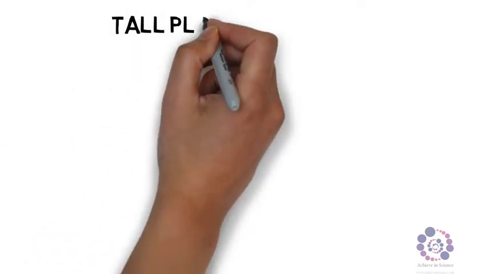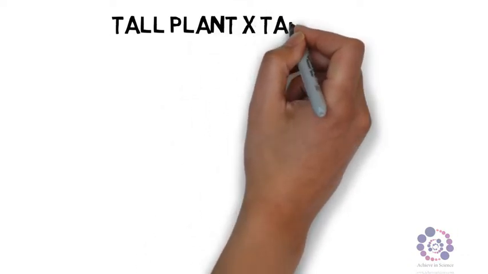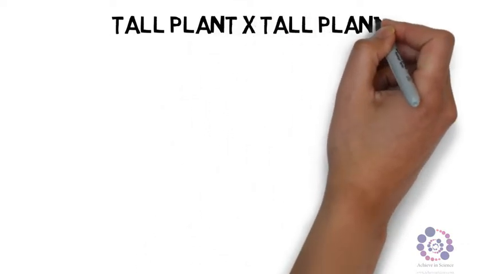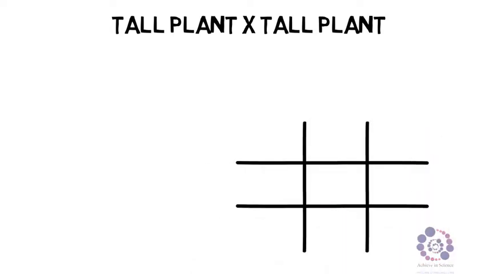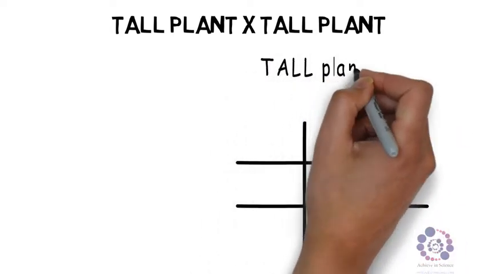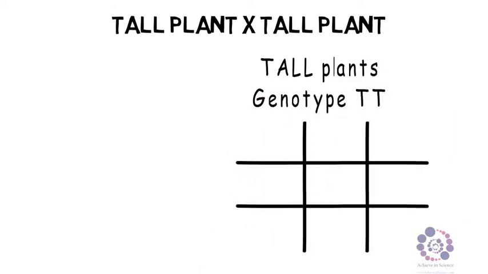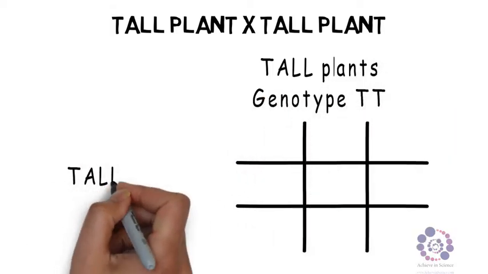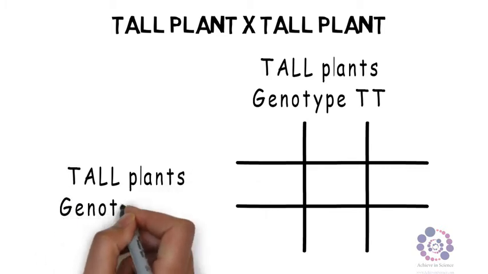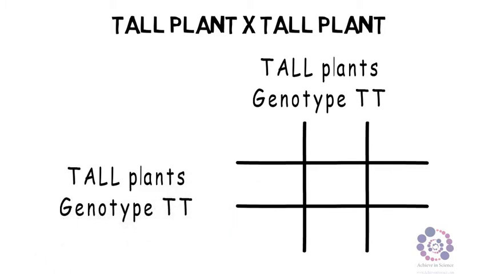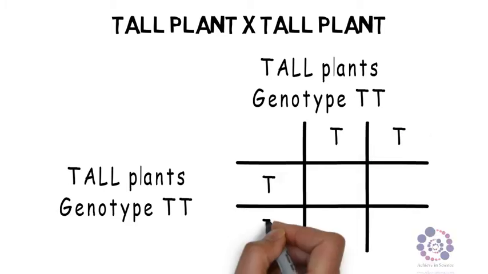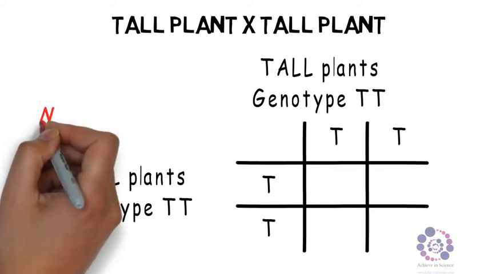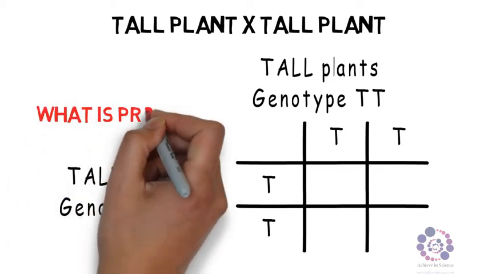Now let's have a look if we took a tall pea plant and another tall pea plant. Both of these tall pea plants have the genotype of a capital T and a capital T, so homozygous dominant, where all the alleles are exactly the same. And then we can look at what is produced. Well, because all of the alleles are identical, it doesn't matter how you mix them all up, all of the offspring are going to be exactly the same.